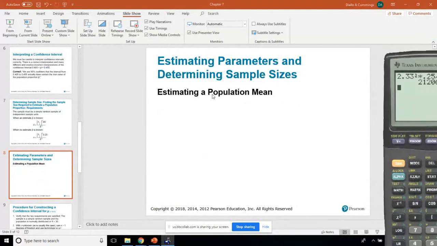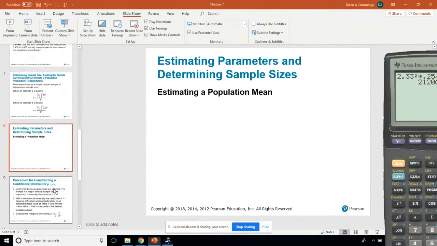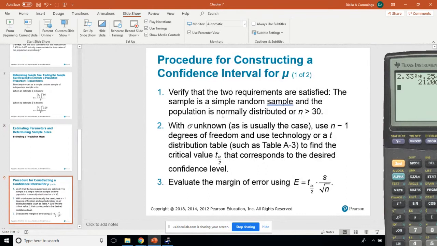Now we're basically going to do the same thing, but instead of estimating the population proportion, we're going to estimate the population mean. Before we estimate a population mean, a couple of requirements have to be satisfied. The sample is a simple random sample. The population is normally distributed with N greater than 30. Normally, the standard deviation is not known.